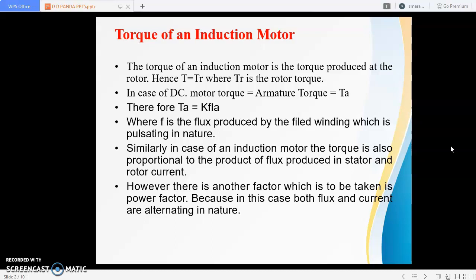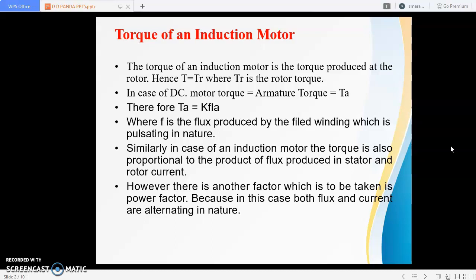Similarly, in case of an induction motor, the torque is also proportional to the product of flux produced in the stator and the rotor current, or we can say TR equals phi into IA.